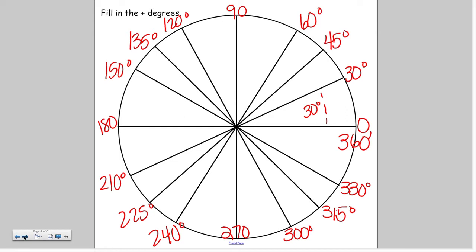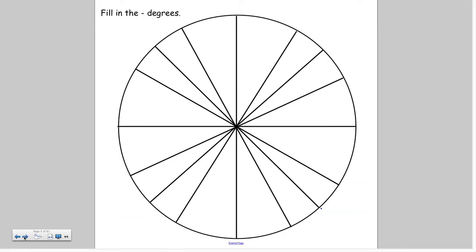So if we fill in the negative ones, 0 is still going to be here because it's always there. But this time we're going to go this direction. And these are all negative because we're going clockwise.